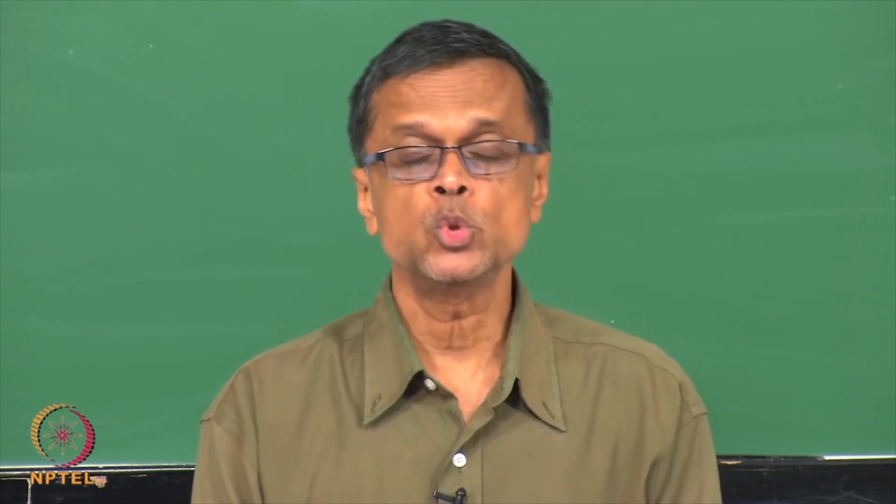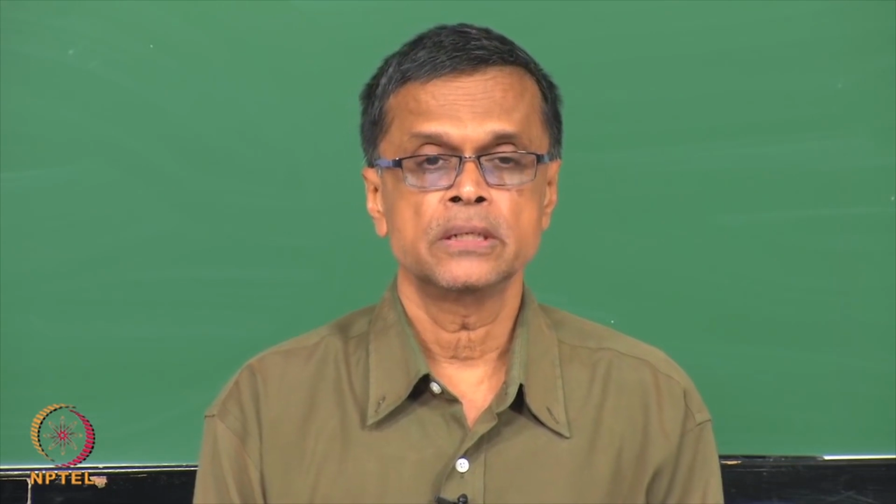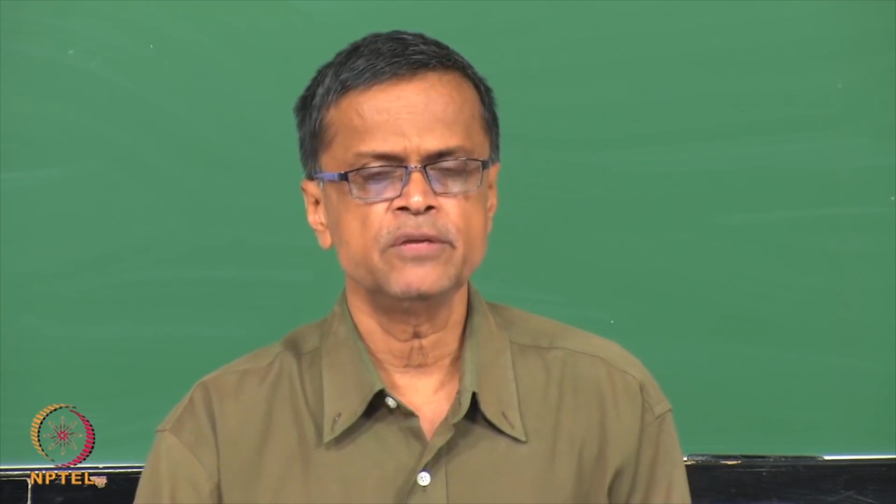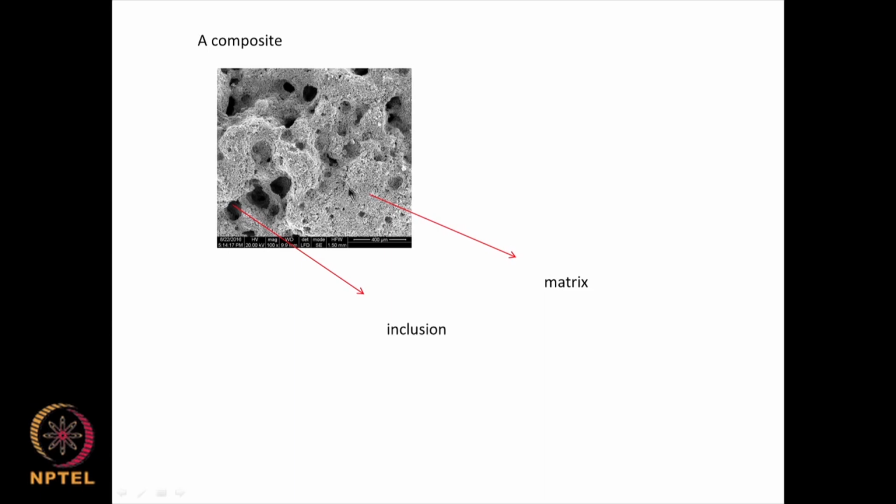We can have two metals combined, or a ceramic and a metal combined together to form a composite. So we can have different materials. Even your bone is a composite, because we have the hydroxyapatite and the organic phase, the collagen. Typically you can see the matrix and the inclusion; sometimes they use glass beads, sometimes fibers, sometimes carbon, sometimes another polymer in different shape and size.